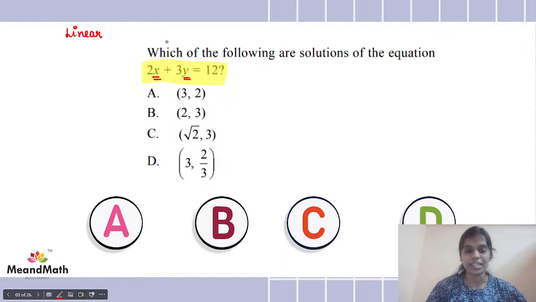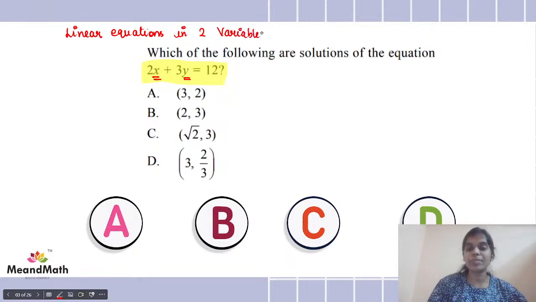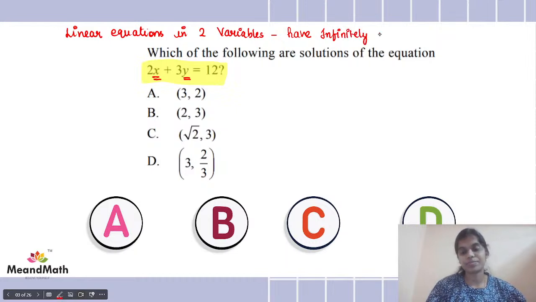So, why am I stating it here? Linear equations in two variables have infinitely many solutions. Why am I stating this here?